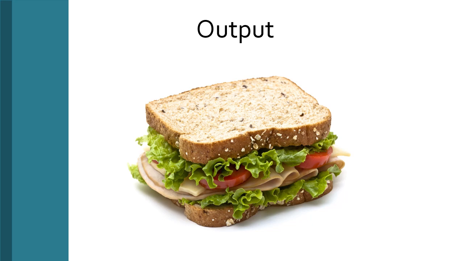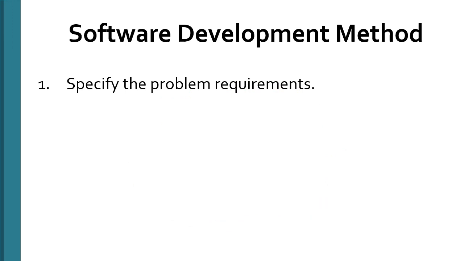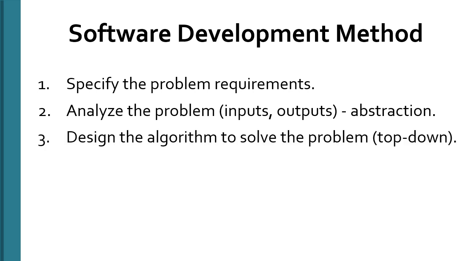There's one big problem that's broken up into subproblems, and then you can concentrate on the subproblems, and the subproblems most likely have an order as well. And then you have a bunch of inputs that need to be combined, and in the end you will have an output. So the biggest thing is that you need to specify the requirements, analyze the problem, design the algorithm, and make sure that you are understanding the order in which things happen.